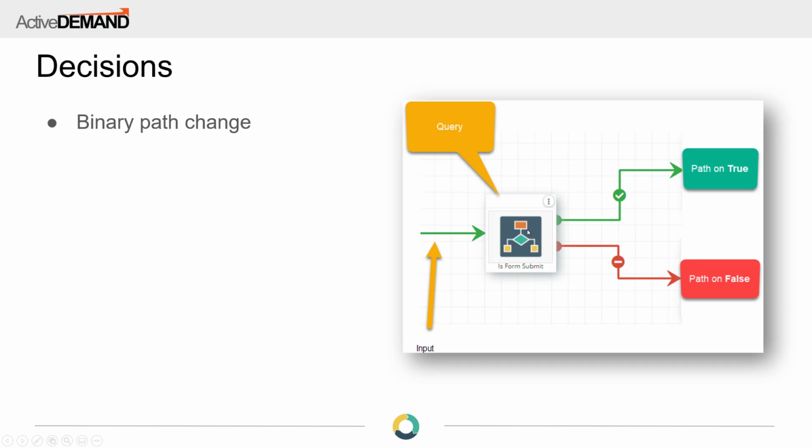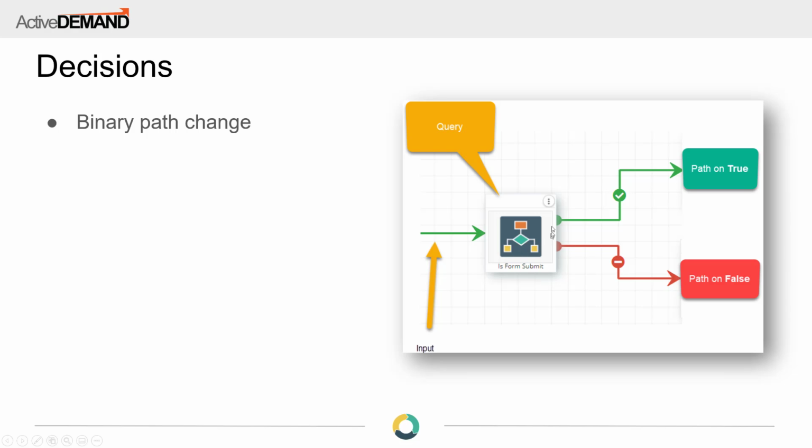It's got an input, in other words, we're coming to a decision from some other workflow element, and leaving it there's a green wire with a checkbox, which we call the true path. This is the direction somebody takes if the query in the decision is true. The second wire that comes out of it is the false path.